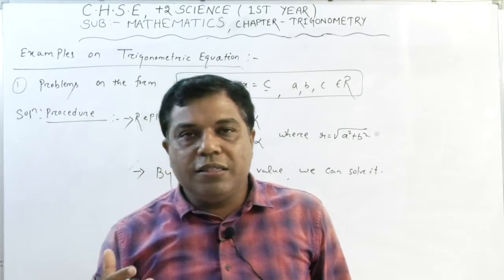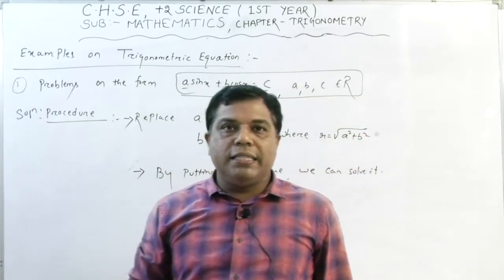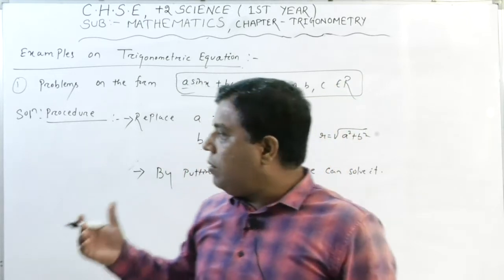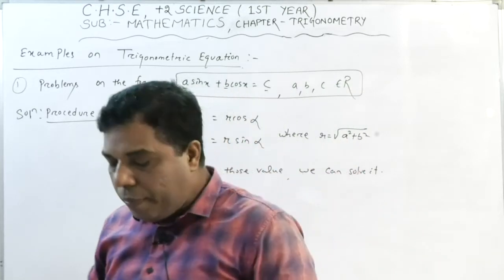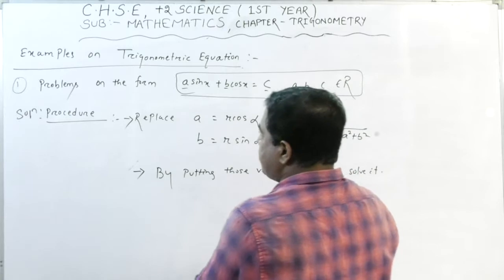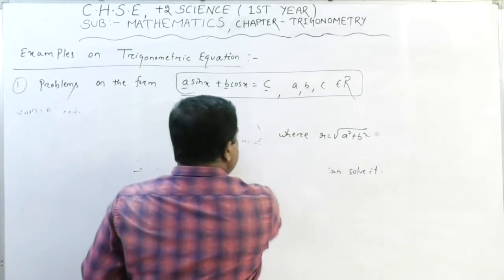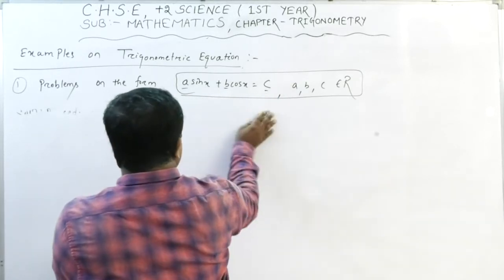Okay, so let us go with one example, and we see how we can solve it by adopting this way. You can see this type of problems are in your book.